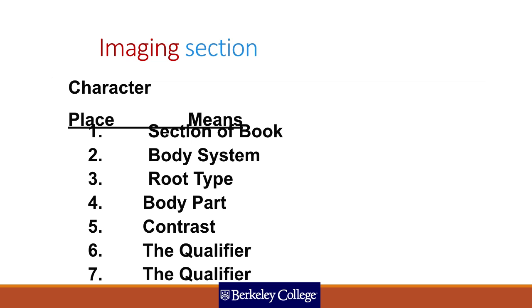And then fifth is contrast. Was contrast material used with the imaging? You may remember when you studied CPT coding that sometimes contrast material is used with an MRI. Okay, and then here both the sixth and the seventh characters are wildcards. And again, you will see clearly on the table what information you need to go back and get from the documentation.